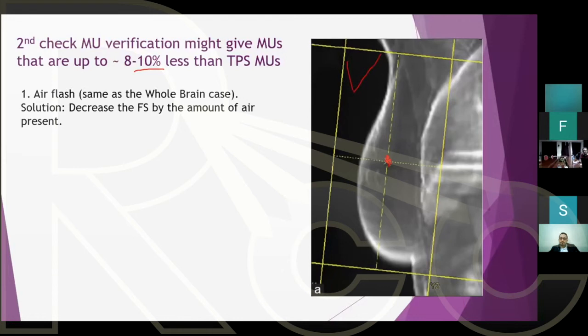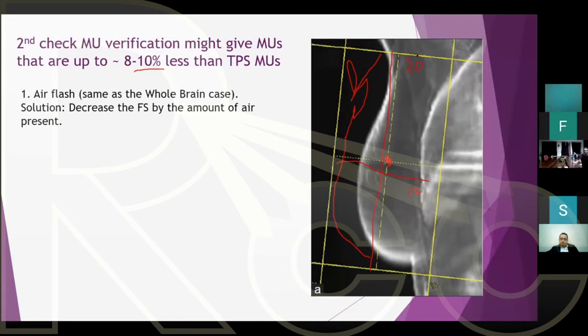We have all this air, right? Let's say the field size for the breast is about 12 cm, and from here to here, maybe about 20. So you enter 12 cm and 20 cm in your Excel sheet.